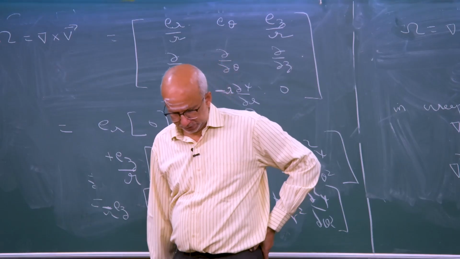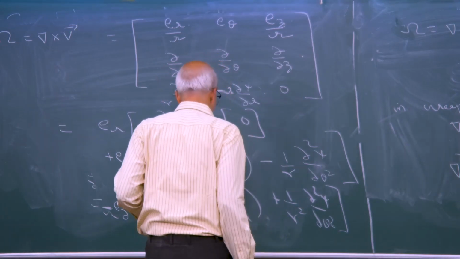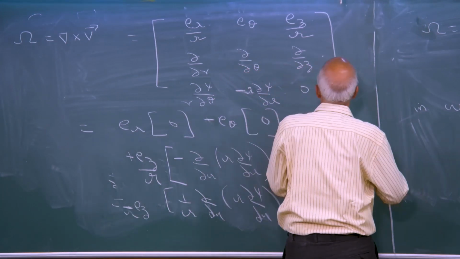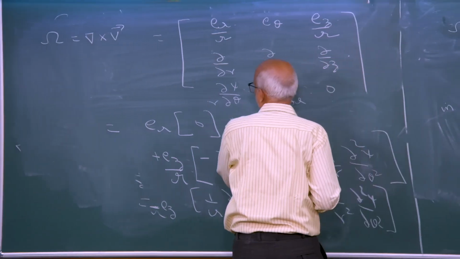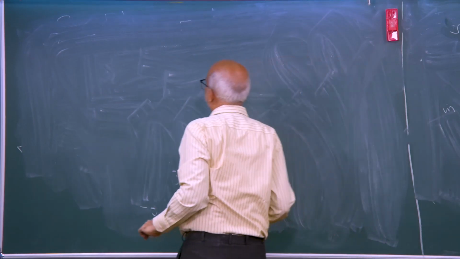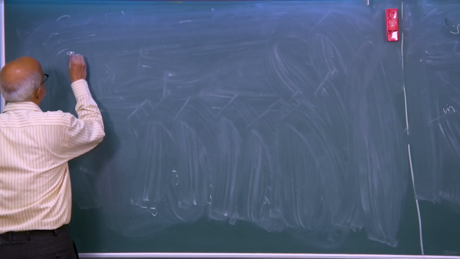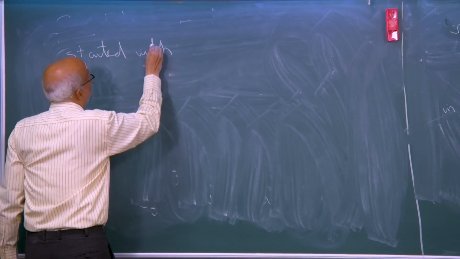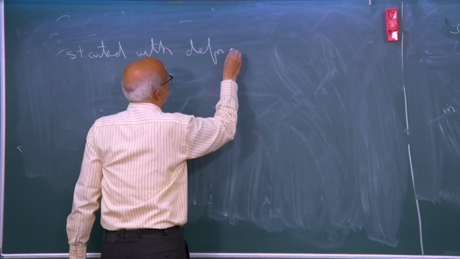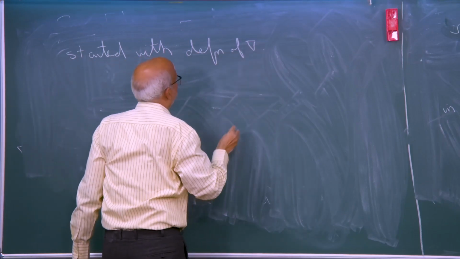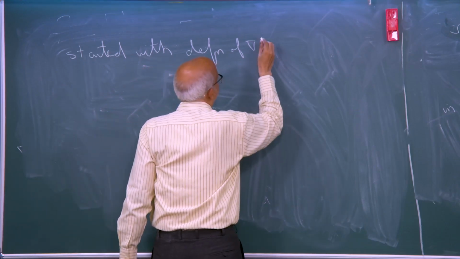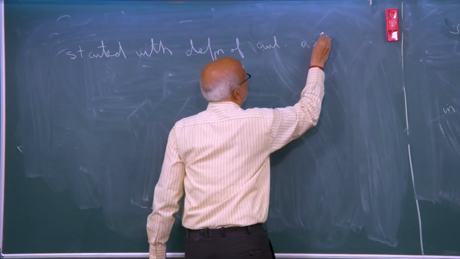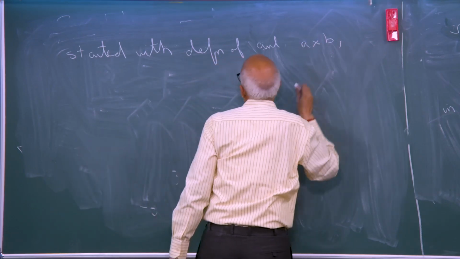What have we done so far today? Let me summarize. We started with the definition of curl, curl is A cross B, from first principles.